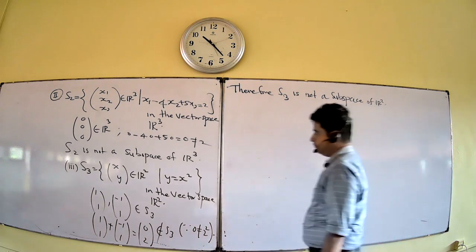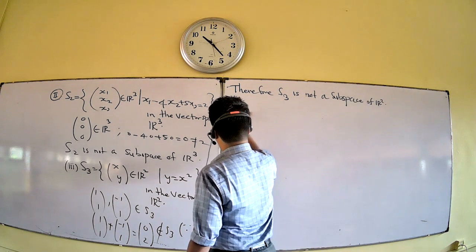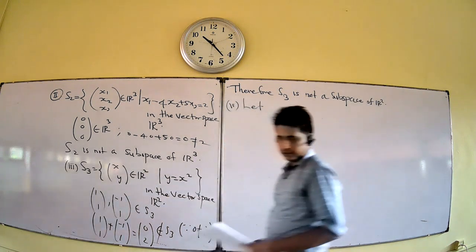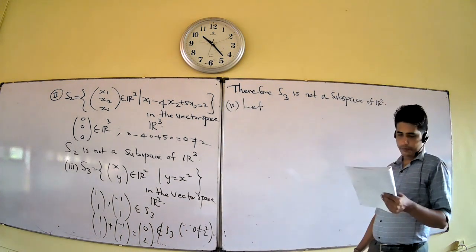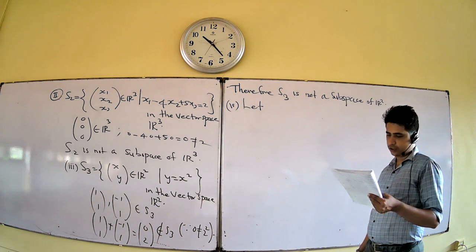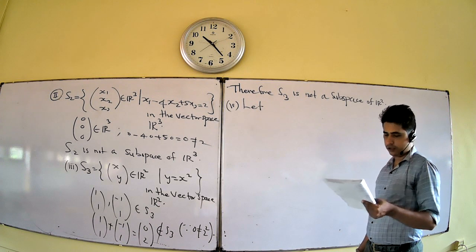Next one. Let P4 be the vector space of all polynomials of degree 4 or less than 4. Okay, P4.